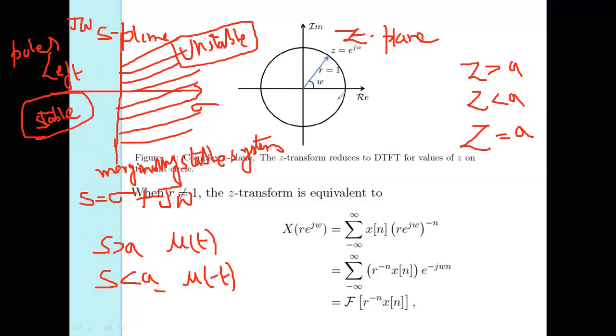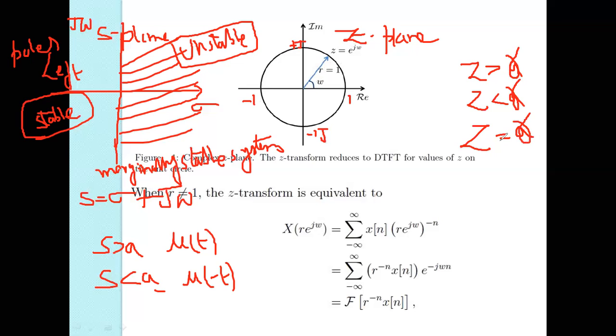Let this be a unit circle with 1 and minus 1, and this one is minus 1j and this is plus 1j, a circle with radius 1. Z greater than A or Z greater than R, with the radius R; and Z less than R and Z equal to R.